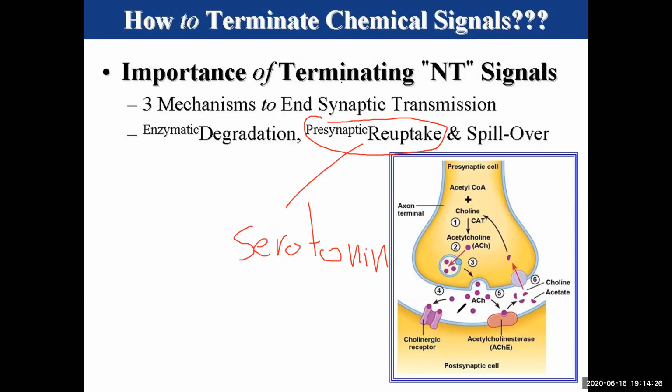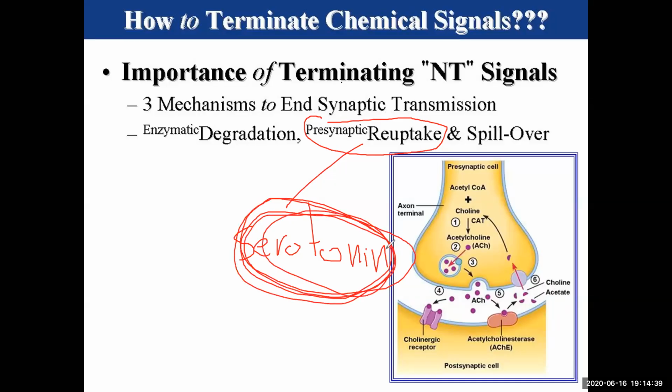So Prozac, you now know, is basically preventing the presynaptic neuron from reuptaking serotonin, allowing serotonin to stay longer in the synapse, to activate the serotonin receptor, to maintain synaptic transmission, to alleviate depression. That's an application right there.